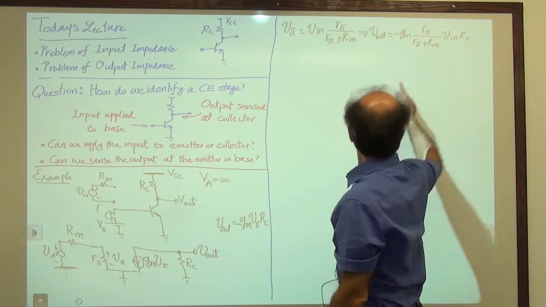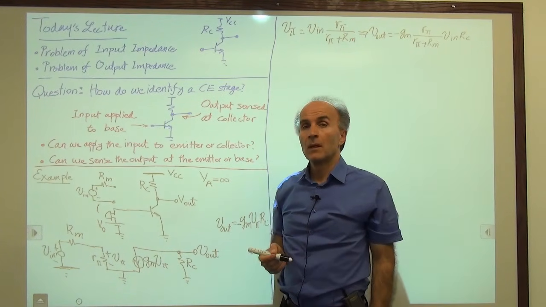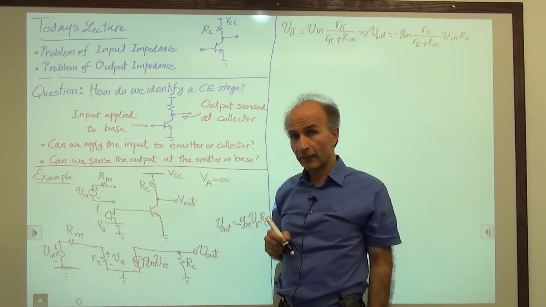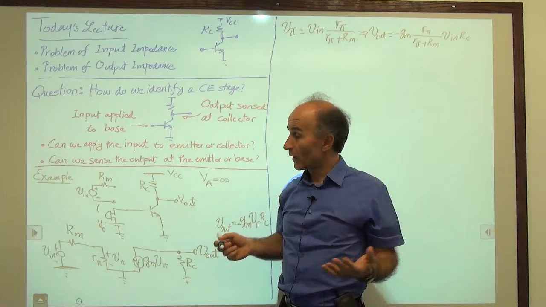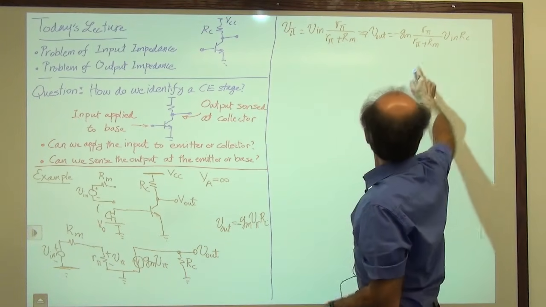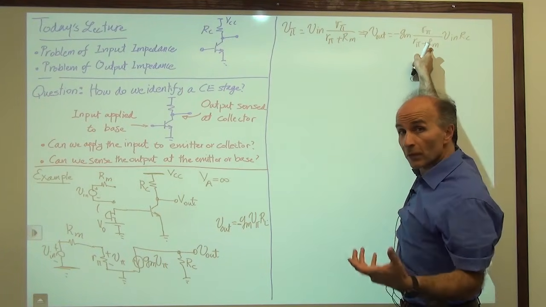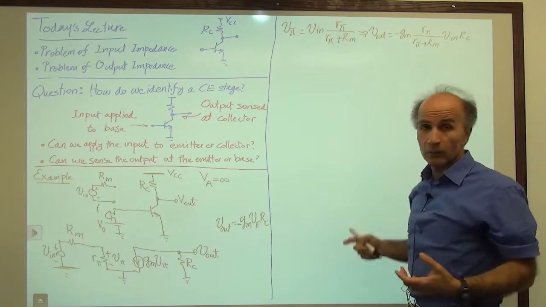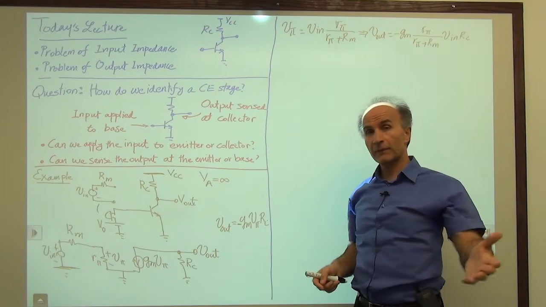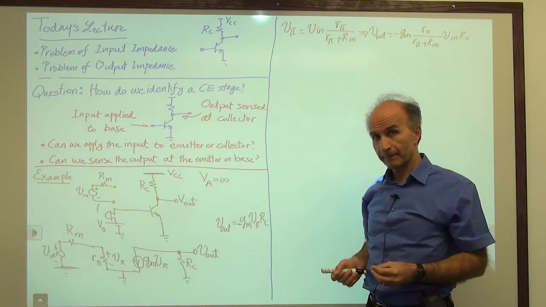And that's why we have this attenuation factor. Okay, so that's an interesting effect. And that's something we have to live with. If Rm is relatively large, for example, if Rm is comparable to R pi, then this is about a factor of 1/2. So we lose half of the gain if Rm is comparable to R pi.